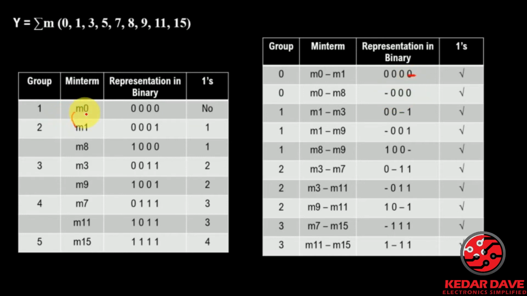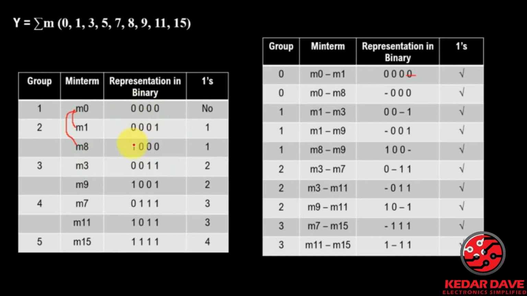Now we need to repeat this for the whole group, right? If we have eliminated m0 from m1, then we also need to eliminate m0 from m8. So both will be done together for the whole group, and this way it can be eliminated. Here you can check, m0 is eliminated with m8.